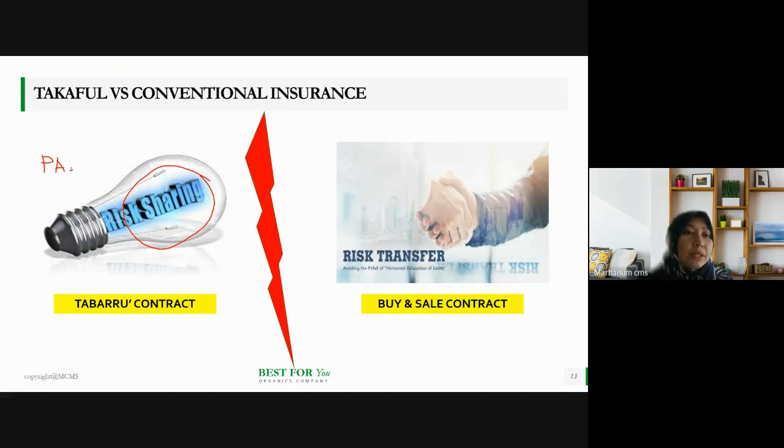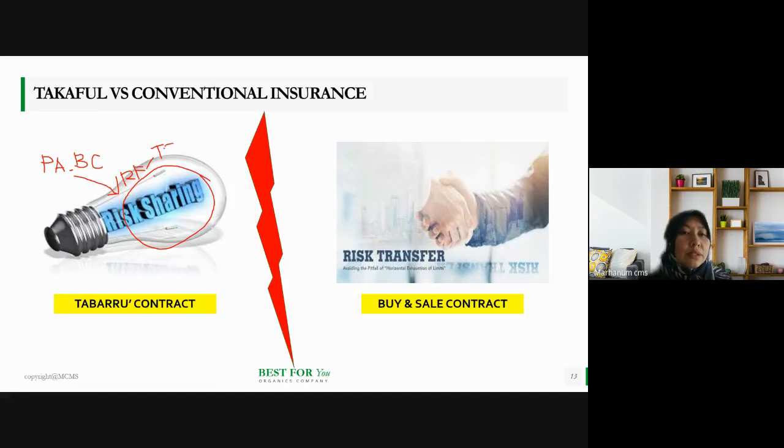A lot of participants will come to give contributions. We call it a risk fund, because the contribution is meant for the risk. We call it a risk fund, and this risk fund is managed by the Takaful operator.